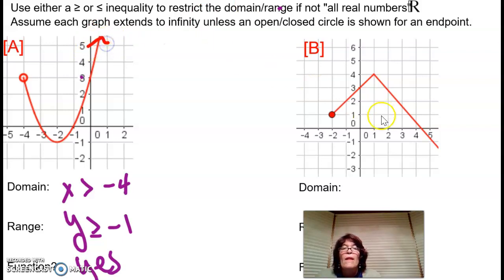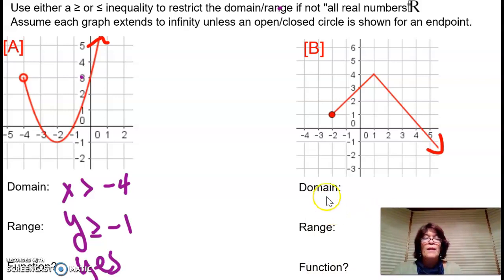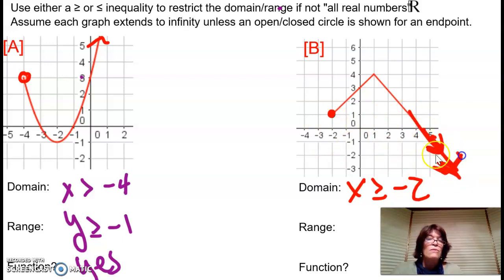Okay. This one is also half bounded. It looks like the domain is, let's see, this is the smallest x, -2, and it goes on and on forever. So x is greater than or equal to -2, because this is a closed circle, unlike this one, which was an open circle. Okay? The range, well, gee, it can go down forever, but it looks like the biggest it ever can be is 4.